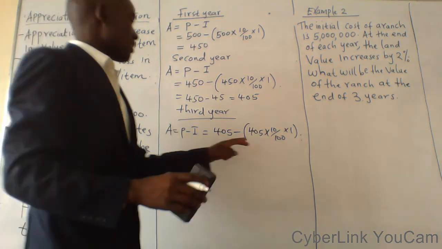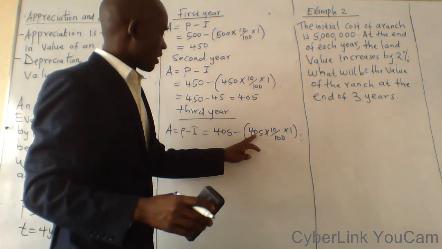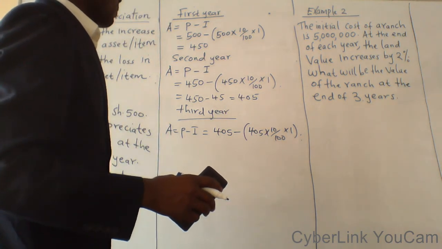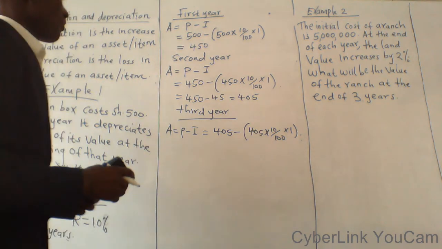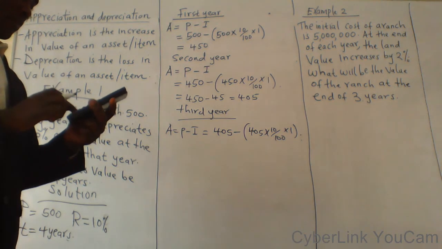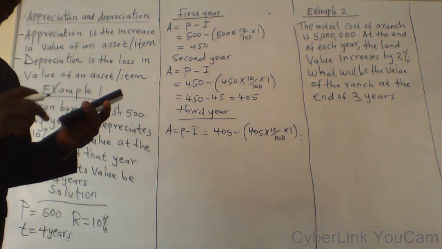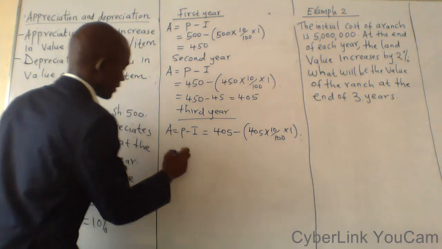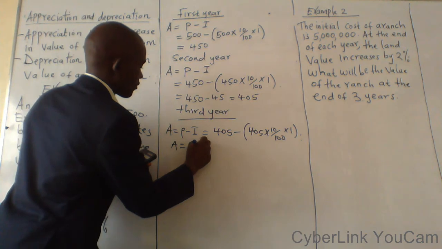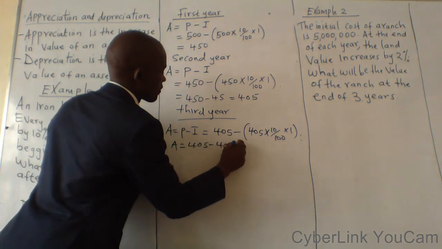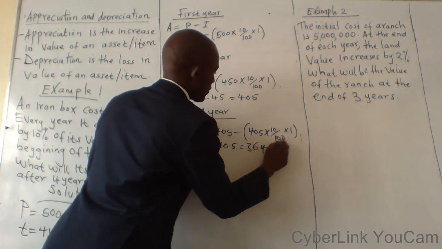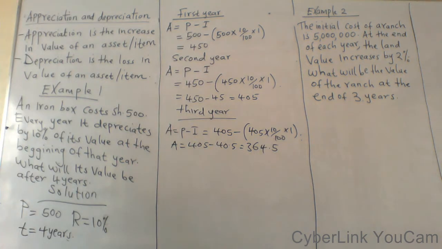Remember, if you take 10% of these, you will get 40.5. If you subtract 40.5 from these, you will get amount equal to 405 minus 40.5, which is equal to 364.5. That is the value at the end of the third year.